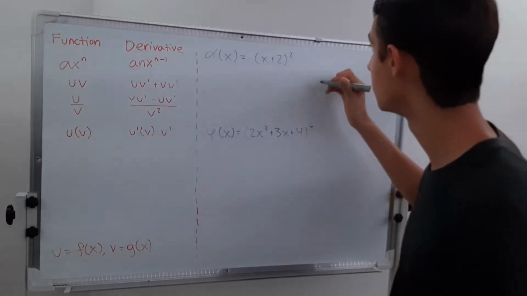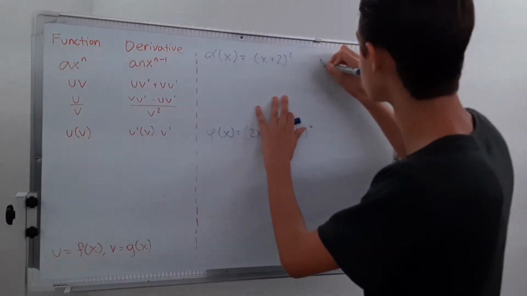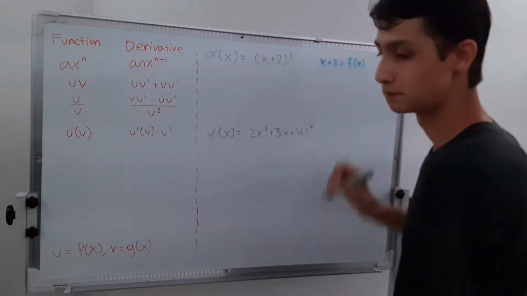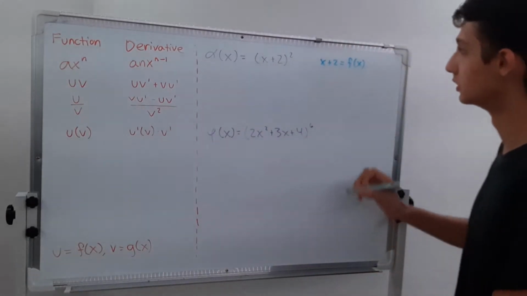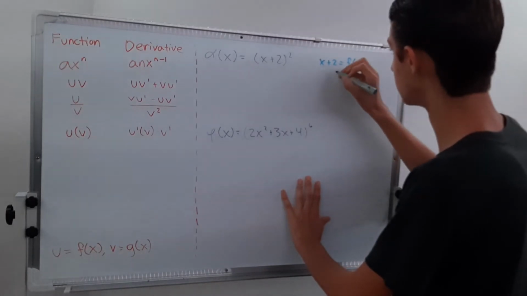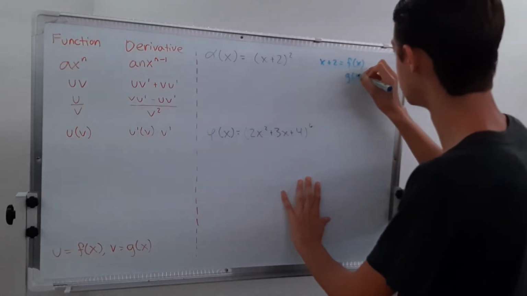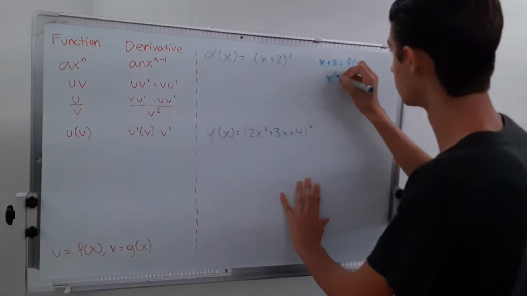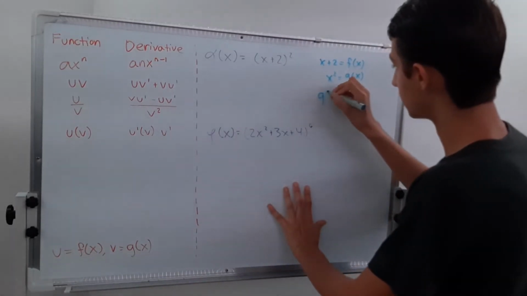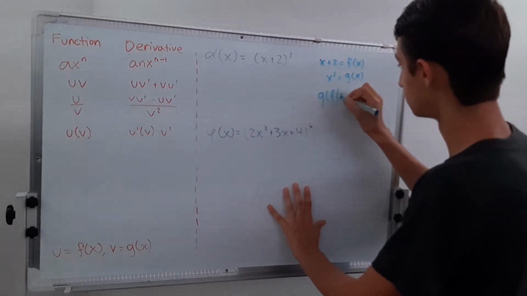So think of x plus 2 as your f of x, right? And then your g of x, I'm going to say your g of x is x squared, okay? This is basic function stuff, basically.